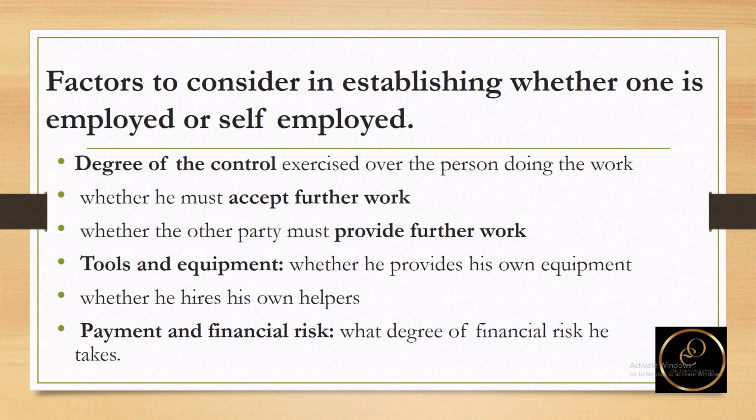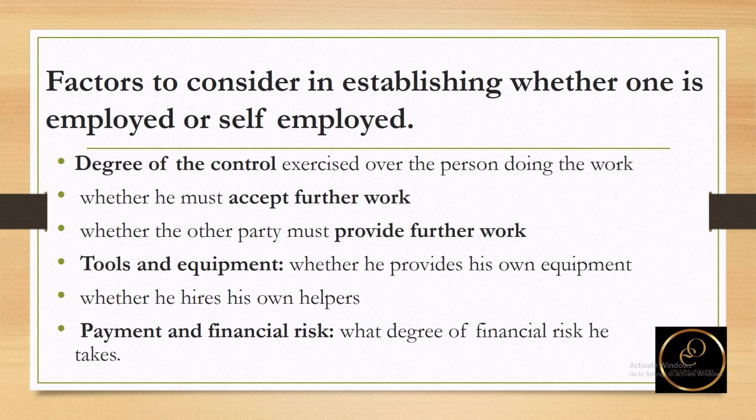Remember, the relationship is that of master-servant. Whereas the self-employed can only accept work that is within the terms of his contract. So he cannot do more than what the contract says. Okay, basically, that's what we look at.